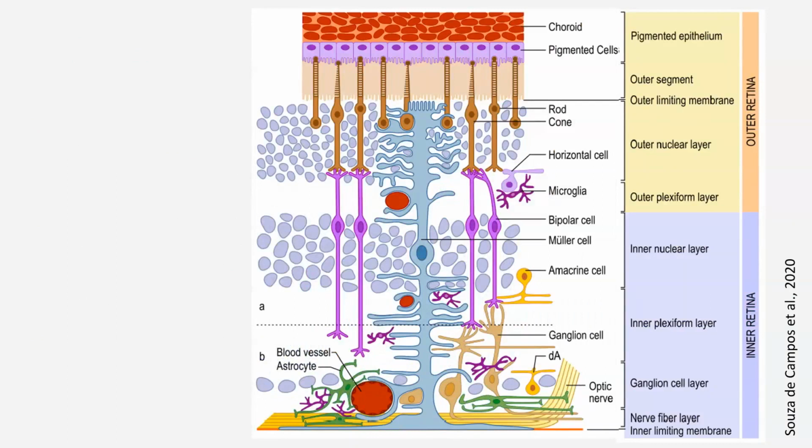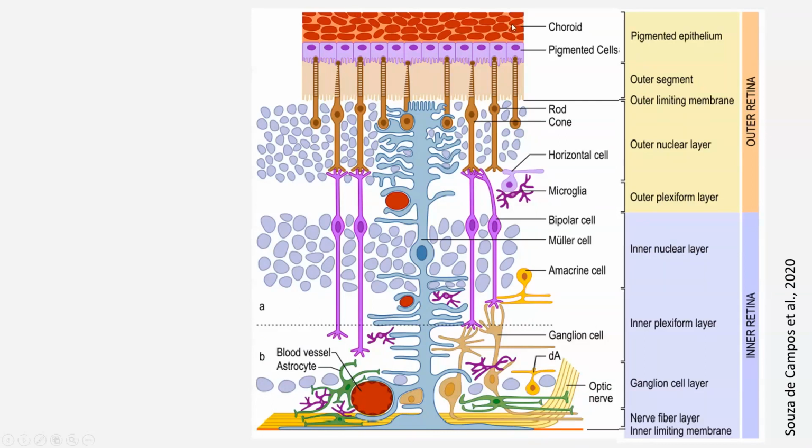We do have a lot of cells, as you can see from the diagram. We have a lot of cell layers present in the outer retina and in the inner retina. There are about 10 types of cell layers in the retina. If we start from the top layer here, this is where we have the choroid.